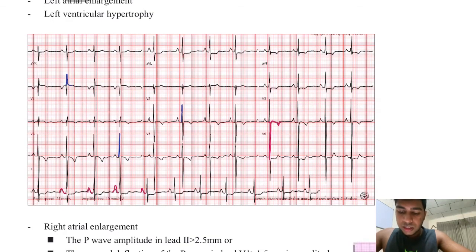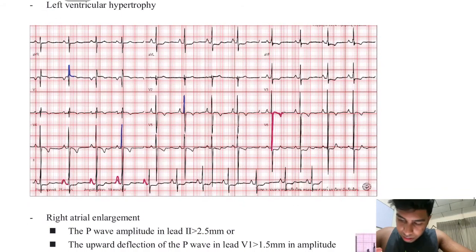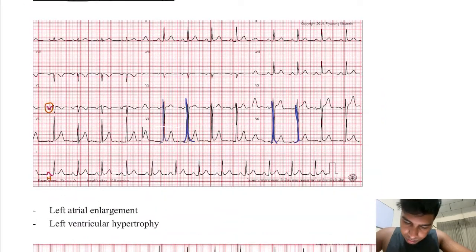Atrial enlargement might confuse you, that's why I'm not going to do that. But you also get ventricular hypertrophy here. You can see the S wave dip in V6, and in this you can see the R wave rise and the S wave dip in V2.